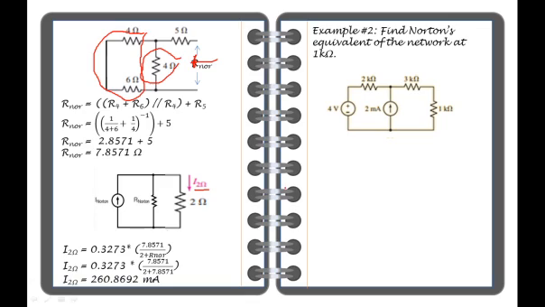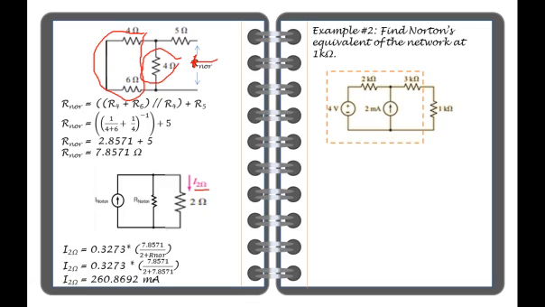As you can see, there are two sources. One is a voltage source and the other is a current source. So the first step is to divide the circuit into two groups.